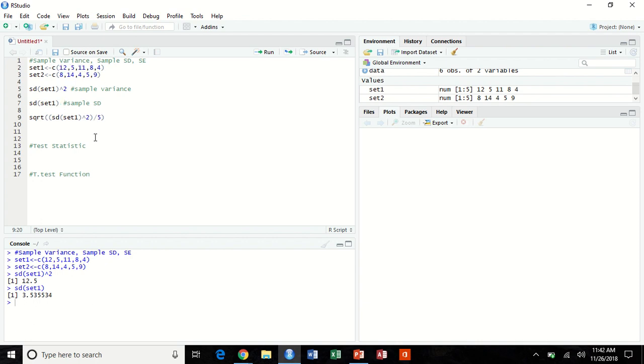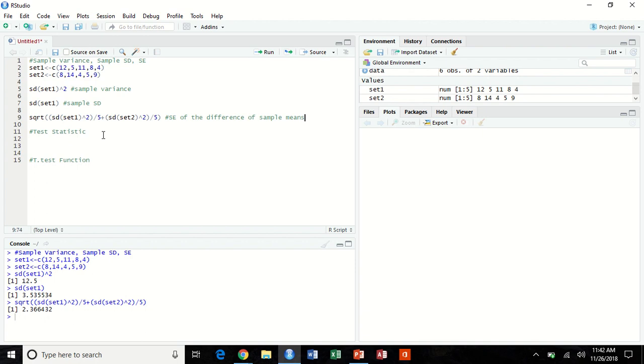We have 5 numbers in the set. And we have 5 numbers in the second set as well, as you can see here. And that is the standard error of the difference of sample means.